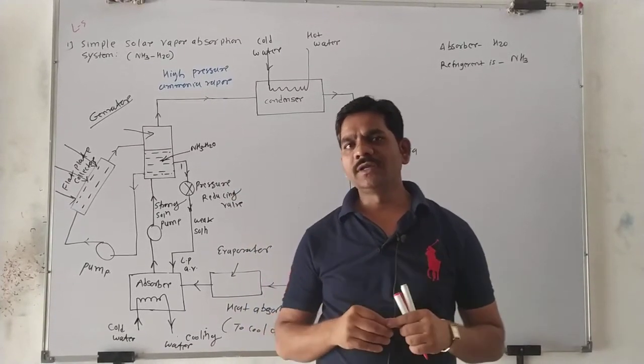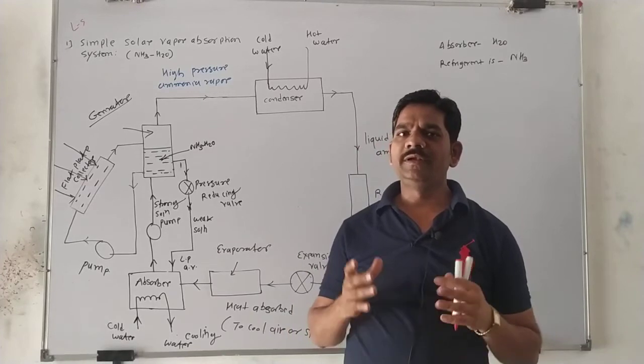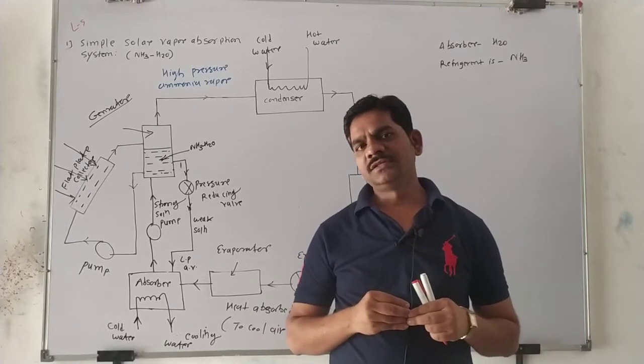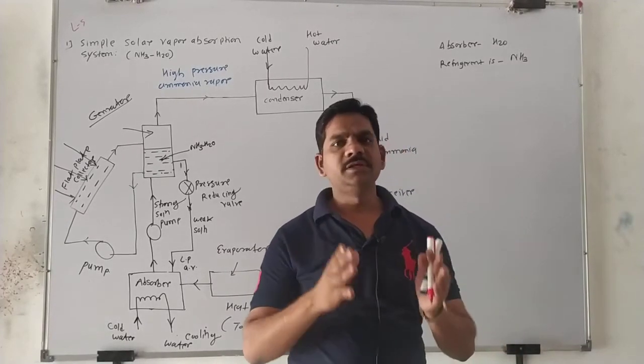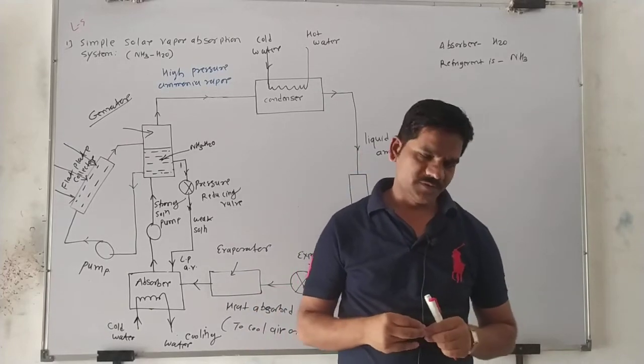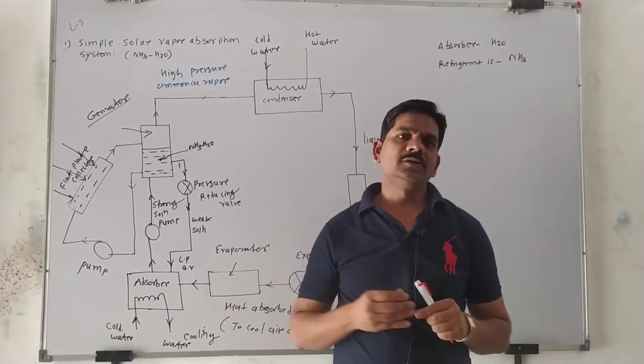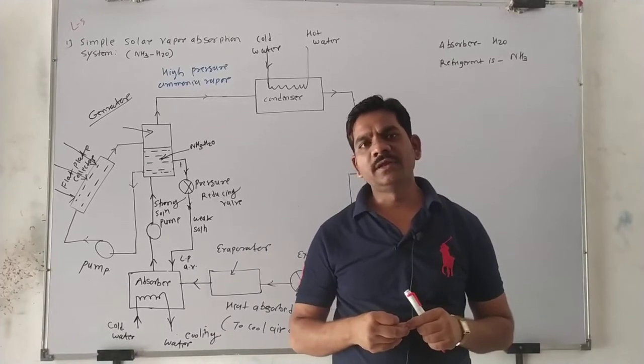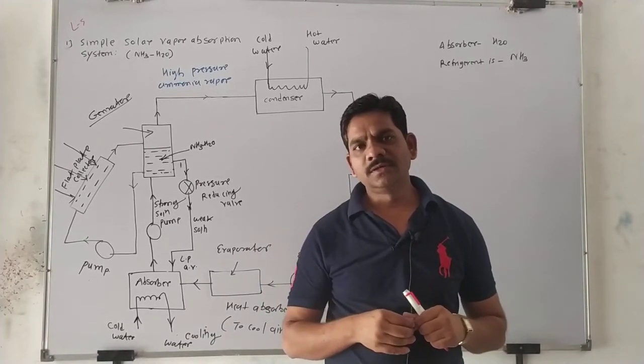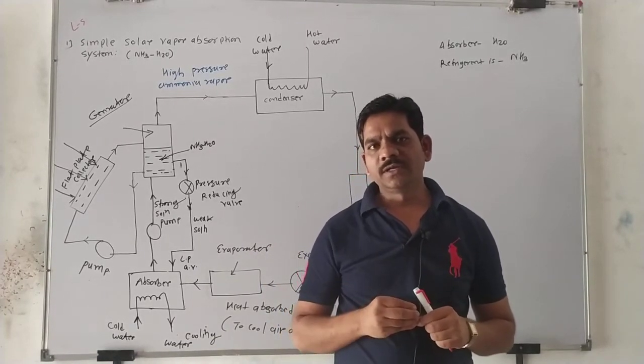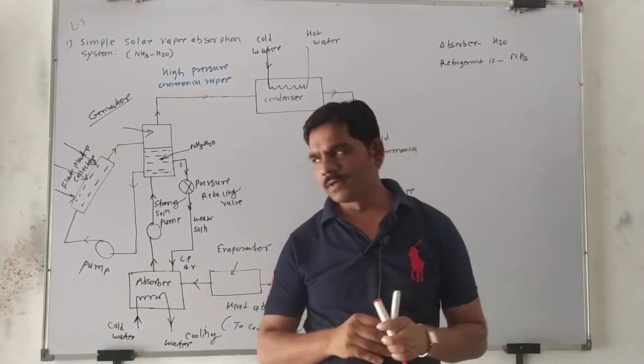How this solar energy works will be discussed in this application. We already saw so many applications of solar energy. This is one of the applications of solar energy, which is used for cooling purpose.